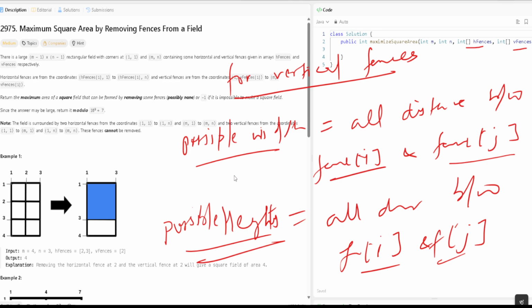Now we should understand how to find the gaps. You have to take one pointer and scan the width gaps. Then you have to take another pointer and scan the heights.